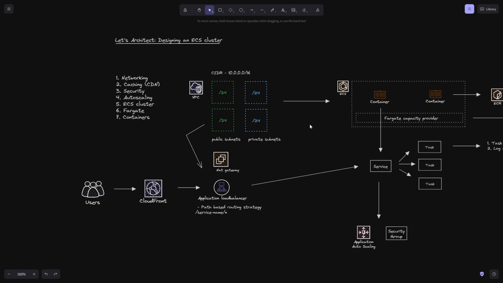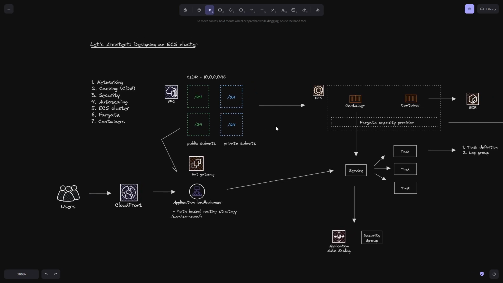So if we start off with the network, obviously our networking service is a VPC, which is a virtual private cloud. And what the VPC will really do is that it'll be the networking backbone for our entire workload.